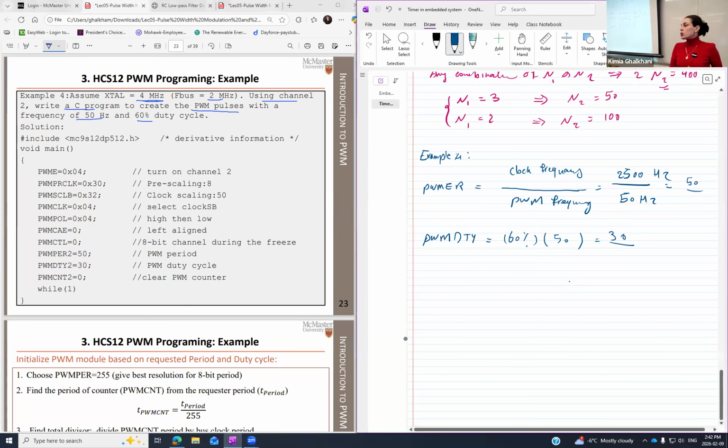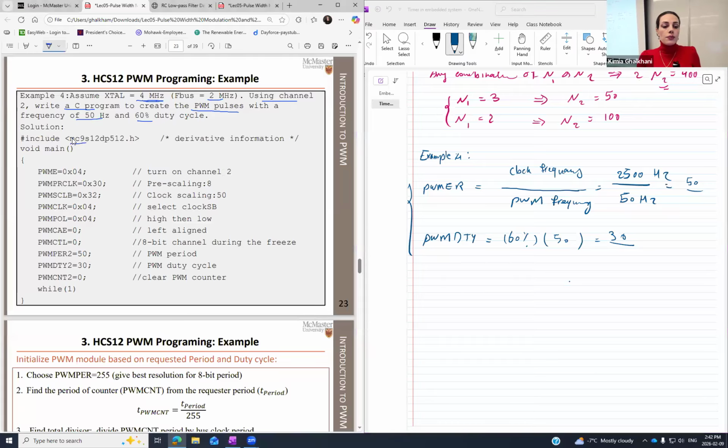But now, instead of manual calculation, I'm going to look into it through programming. How do we do the exact same performance through programming? Pay attention, this is C programming, right? So I'm going to include my header file. Therefore, I can start writing inside my void. Inside my void, if you are looking for channel 2, just go ahead and turn on your channel 2.